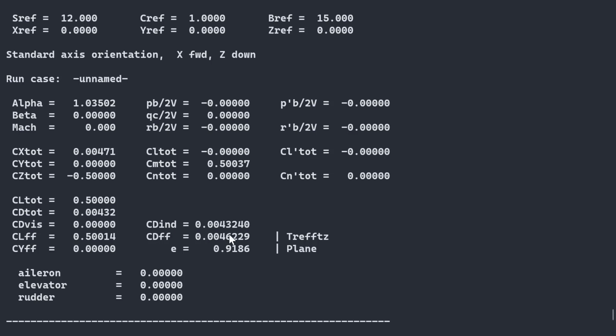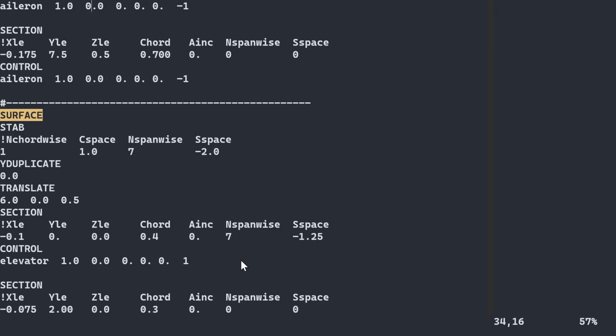That's the induced drag, all right? And it also computes a span efficiency E. That's basically relative to an optimal elliptical lift distribution. All right, so this is the bunch of things you can do with AVL: compute all the forces, moments, induced drag, efficiency, etc. And this file is how you model an airplane.